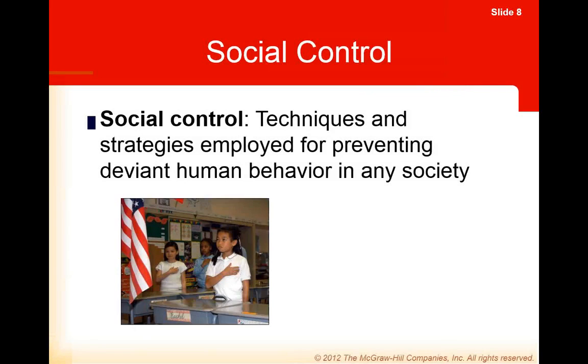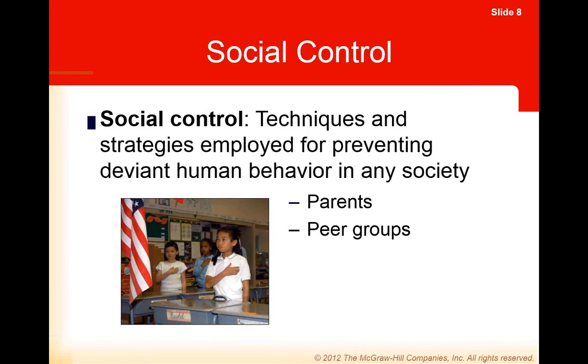Social control. Let's look at what that is. These are the mechanisms, techniques, and strategies employed for preventing deviant human behavior in any society. Societies have social control as a way of regulating behavior. Some of the ways that we learn about what's acceptable behavior are through socialization.